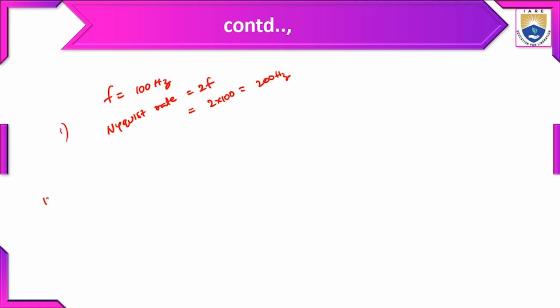The second part, because here it is taken as 4 parts. Here the sampling frequency is given as 400 hertz, Fs is 400 hertz. Here we are going to convert this continuous time signal into the discrete one.